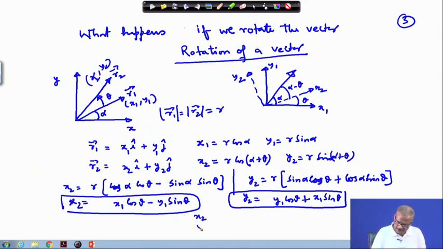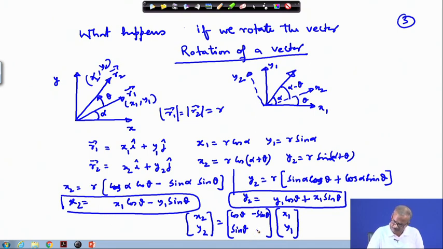Now, if we write the same thing in matrix notation, from this place this is cos theta, x2 equals x1 cos theta, and y1 here comes with a minus sign, so this is minus sin theta, and this will be sin theta. You can look from this place, x1 sin theta and here cos theta. What we observed is that in this case the rotation is given about the z axis.